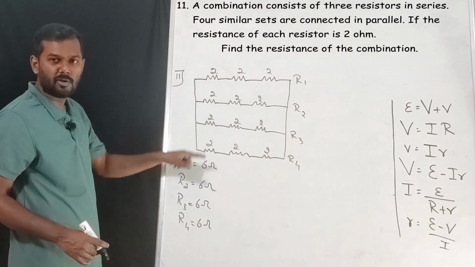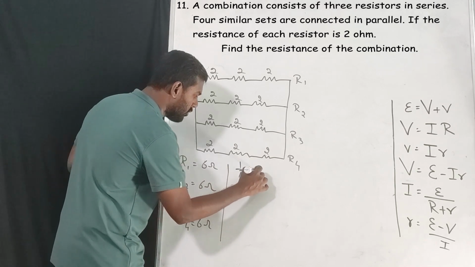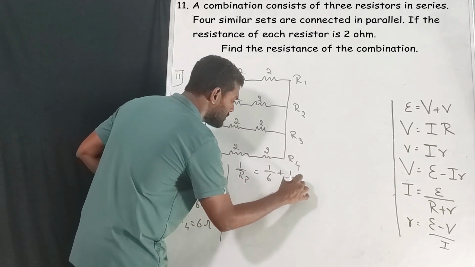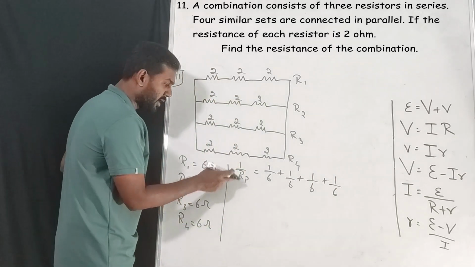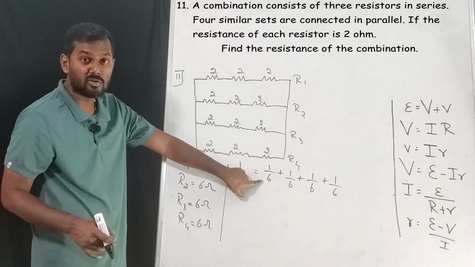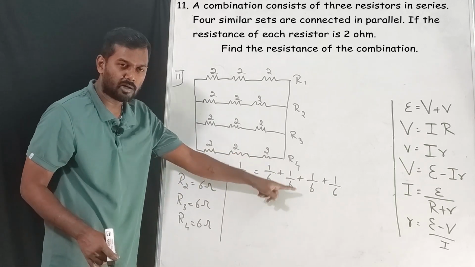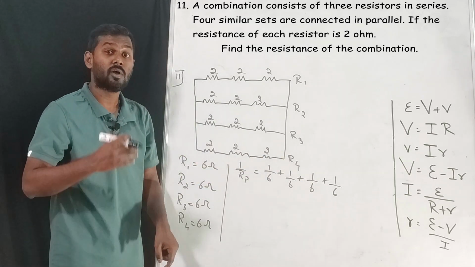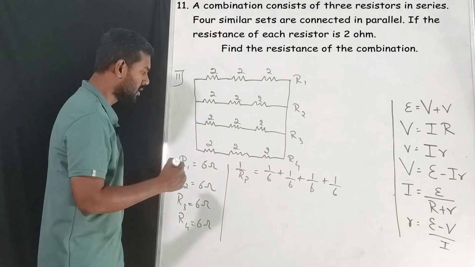Now they are telling all of them are in parallel. So 1 by RP is equal to 1 by 6 plus 1 by 6 plus 1 by 6 plus 1 by 6. Before substituting the values, you have to write 1 by RP is equal to 1 by R1 plus 1 by R2 plus 1 by R3 plus 1 by R4. Then you have to substitute like this, or else you will not get the first mark.